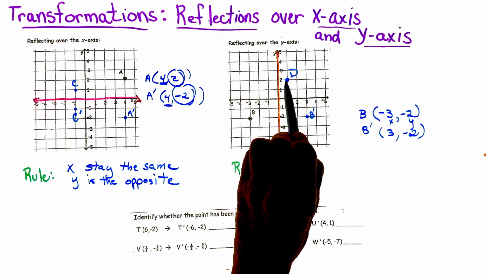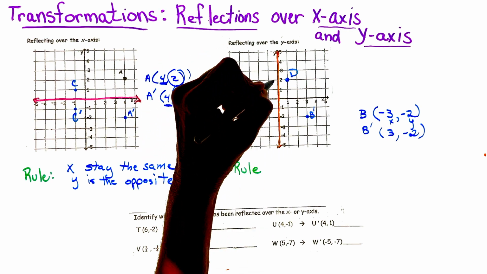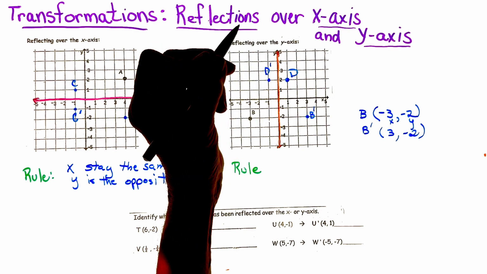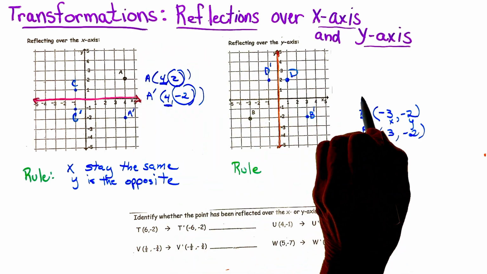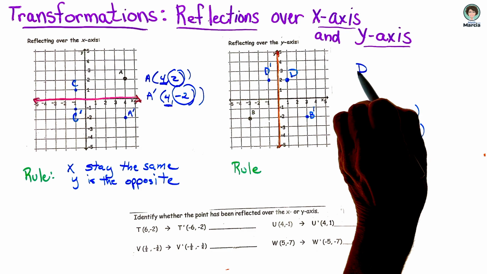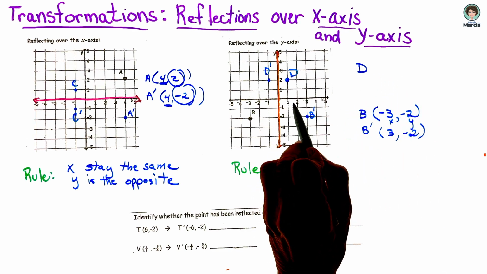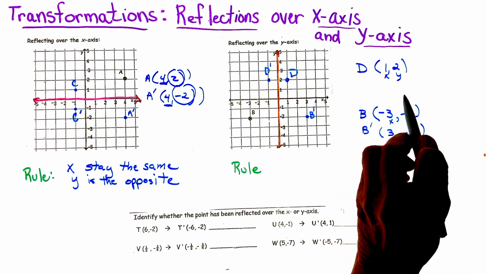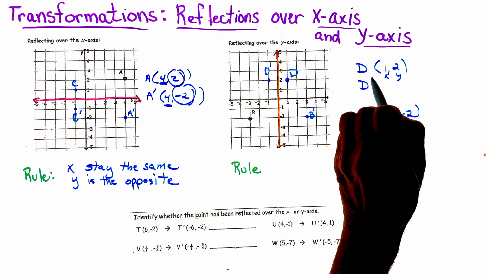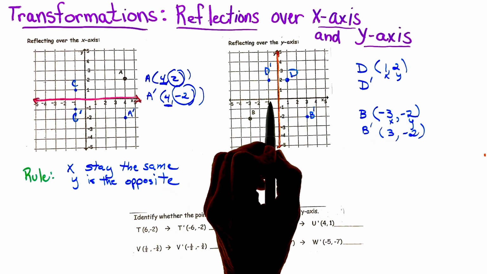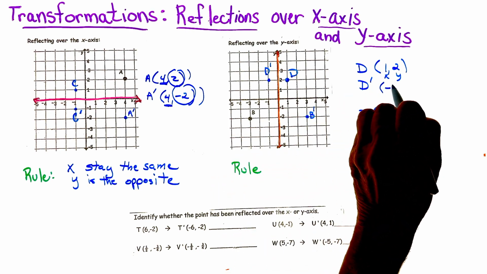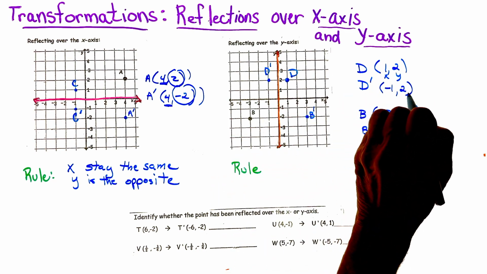So I go straight across just 1 space, and this is my D prime. The ordered pair for D was 1 and 2, so x was 1 and y was 2. Always x first, y second. D prime was where x was -1 and y was 2.